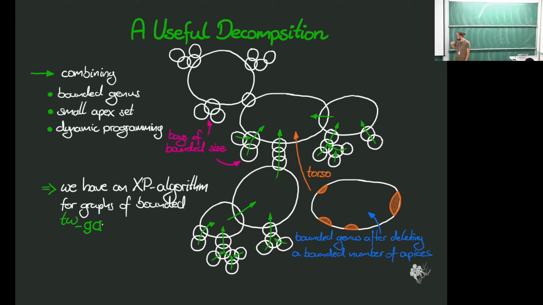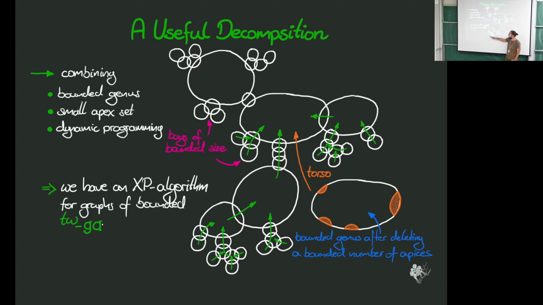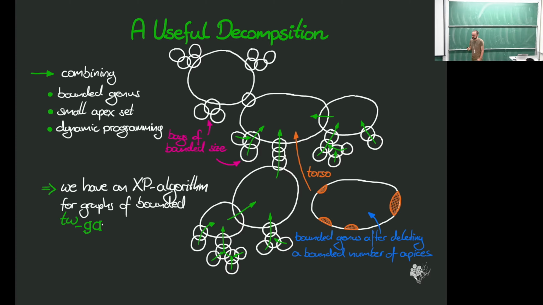And this, in the end, will give us an XP algorithm for graphs where the GA tree width is bounded, where the parameter for this algorithm is just this GA tree width itself. Again, you might ask, maybe this XP can be made into FPT, but we contain all apex graphs as a special case, so that's the best you can get. Sorry, what XP means? It's exponential with respect to the size of the apex.